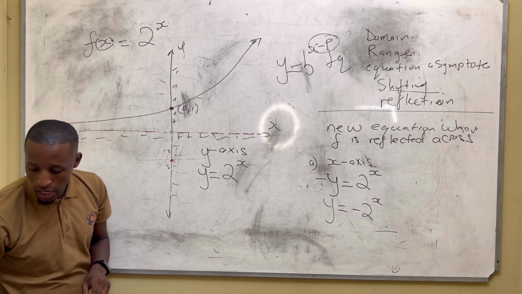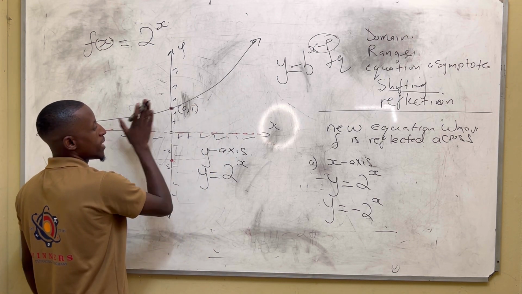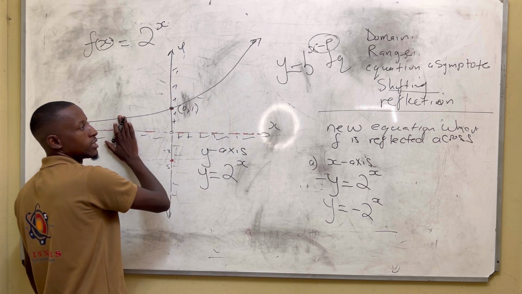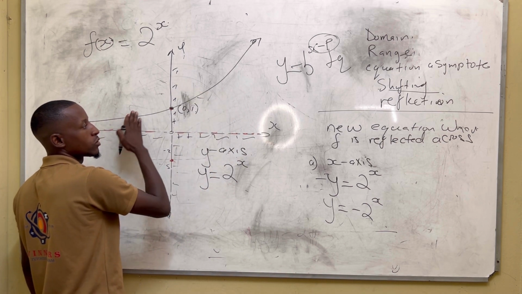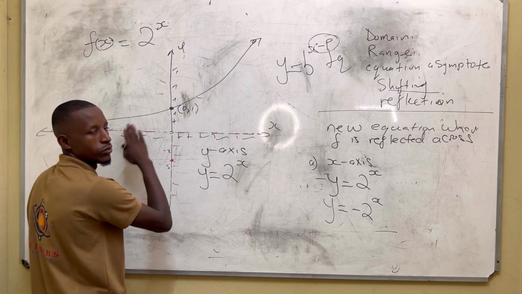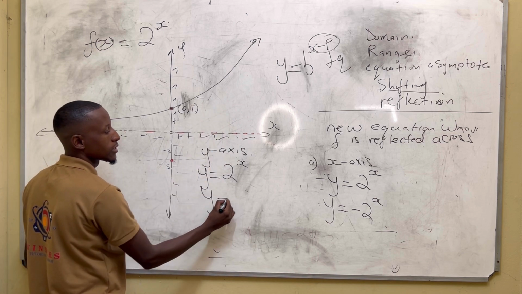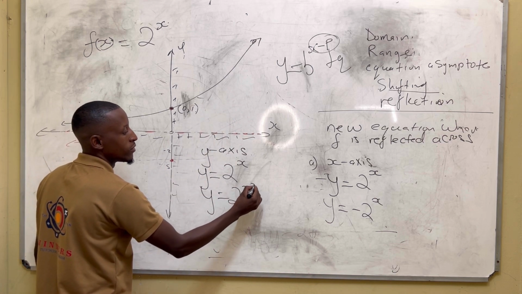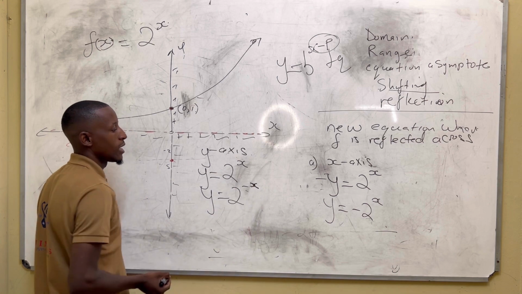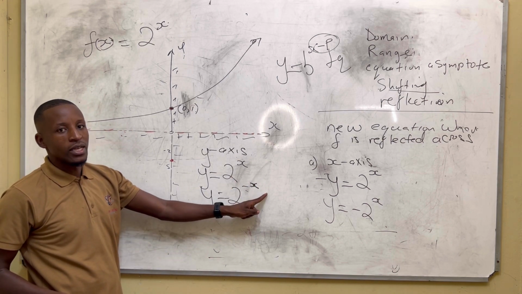Let us check how it is going to be reflected across the y-axis, reflecting it in this way. It only affects the x values because my hand is moving to the left and right. Wherever there is x, I place a negative because x values are the ones that are affected. So do you realize now that our x is now a negative?